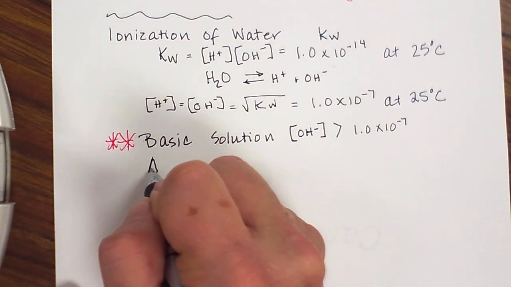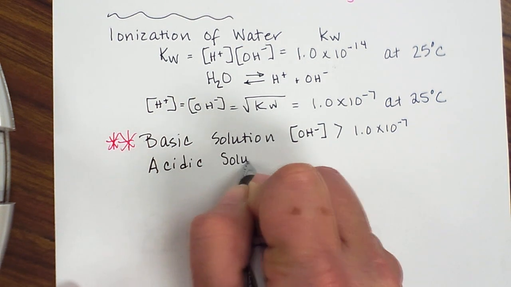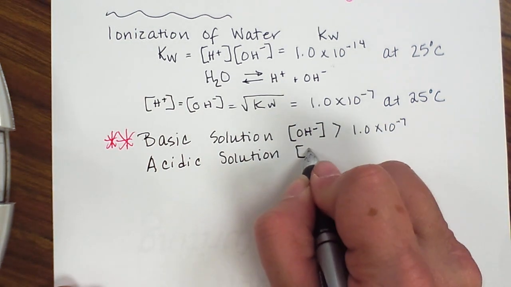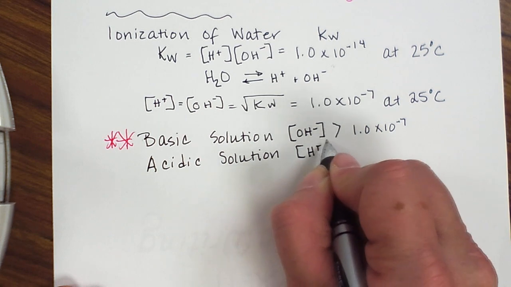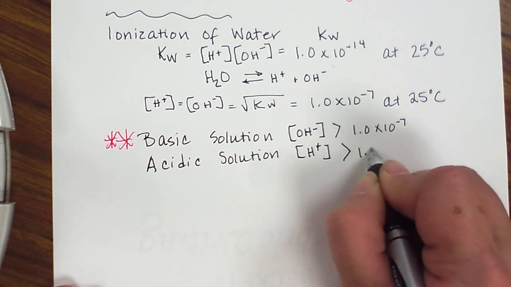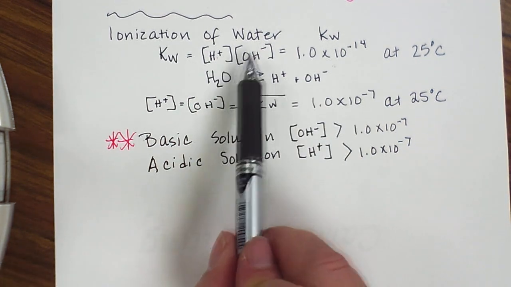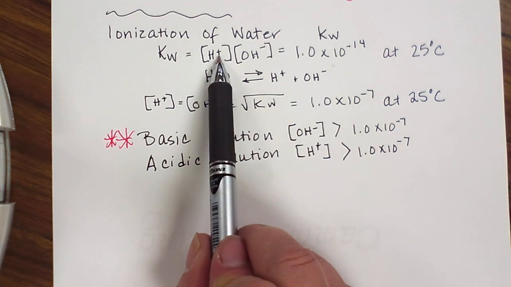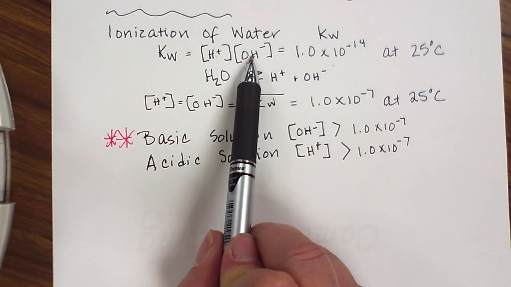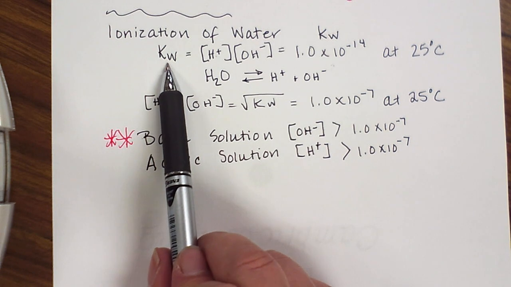In an acidic solution, the concentration of H plus is going to be greater than 1.0 times 10 to the minus 7. Now remember, they're multiplied together here. So if the concentration of the H plus is greater than 1.0 times 10 to the minus 7, this one is less than that, because they equal 1.0 times 10 to the minus 14.